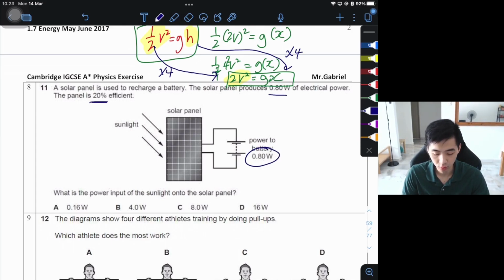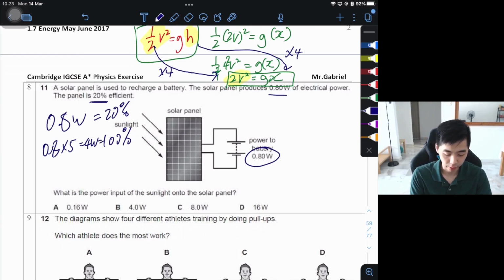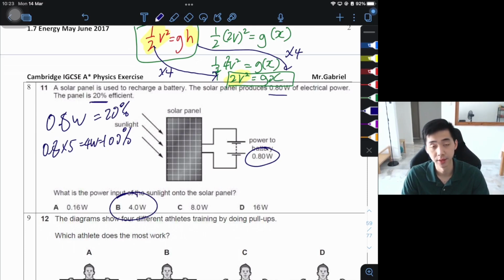So if 0.8 watts is equal to 20%, 100% will be multiplying by 5, which is 0.8 multiplied by 5, which is going to be 4 watts. 4 watts is going to be 100%, and 0.8 watts is going to be 20% here.